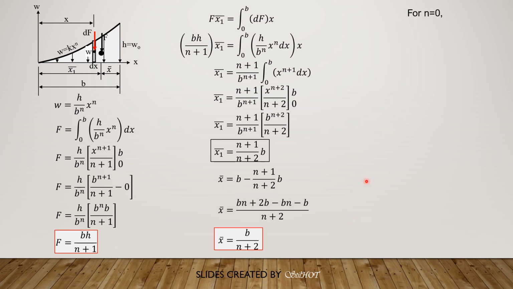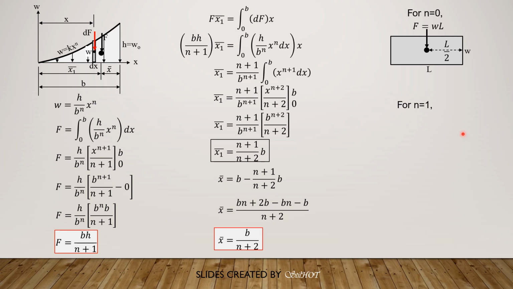That's it. So for n is 0, let's check. It is a rectangle. And of course, the area would be bh over 0 plus 1. So area is bh, F is bh, or simply the area of the rectangle. In this case, the base is L, the intensity of the load W, so WL, and the distance from centroid from the right is L over 2.